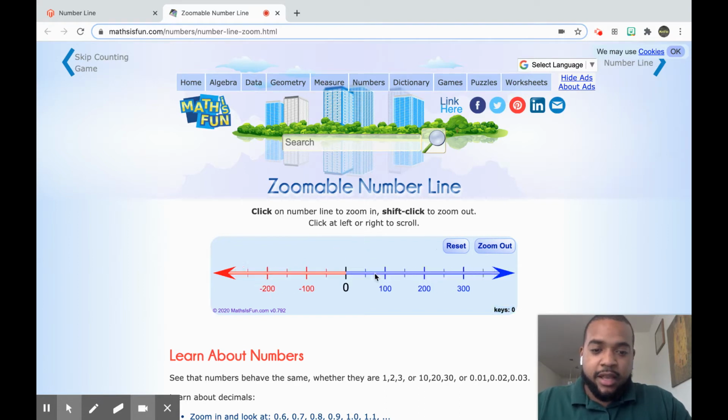Here's hundreds, and I can plot numbers all the way up to 300. I can continue to zoom out. Now I can plot numbers within thousands. So appropriate scale is important when we're plotting really, really big numbers. We want to make sure we're using the right scale on our number line. We're going to learn more about that as we continue on this video.